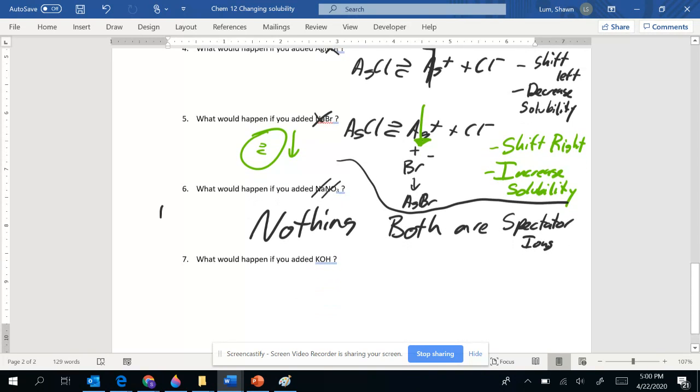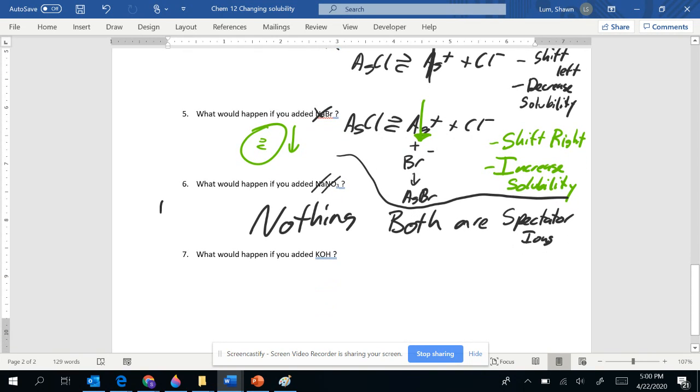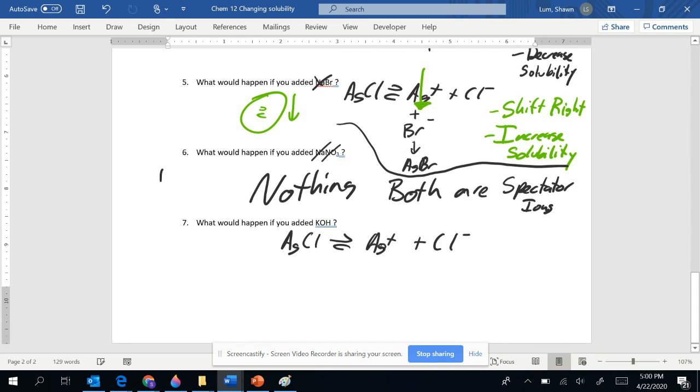What would happen if you add KOH? Okay, so we have this AgCl, Ag plus Cl minus. So we're going to add KOH. Let's go to our table.